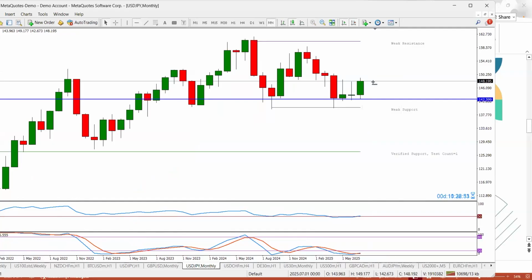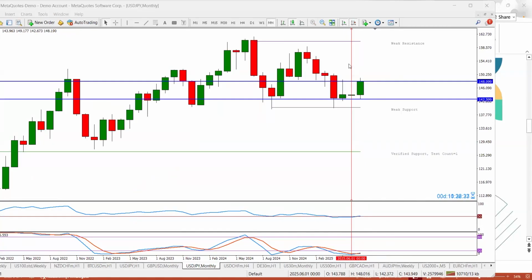Currently, price is here, on this current candle. At the beginning of the month, price went as low as 142.599, but it's currently at 148.099. So obviously price has been going up.